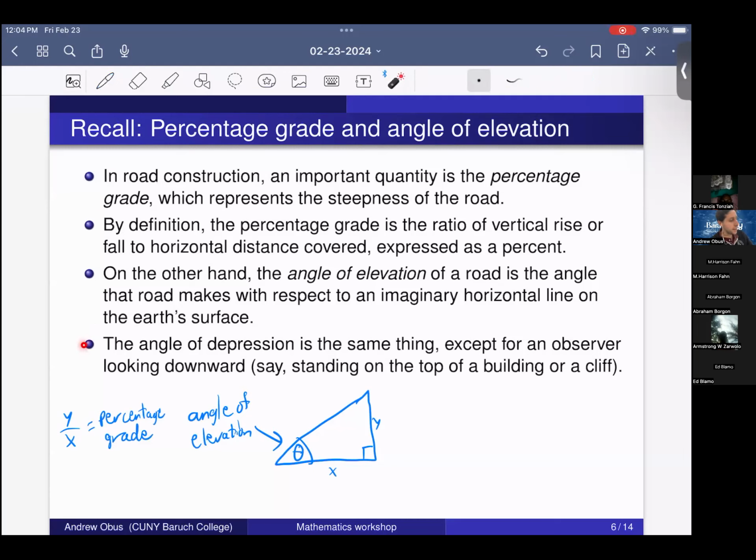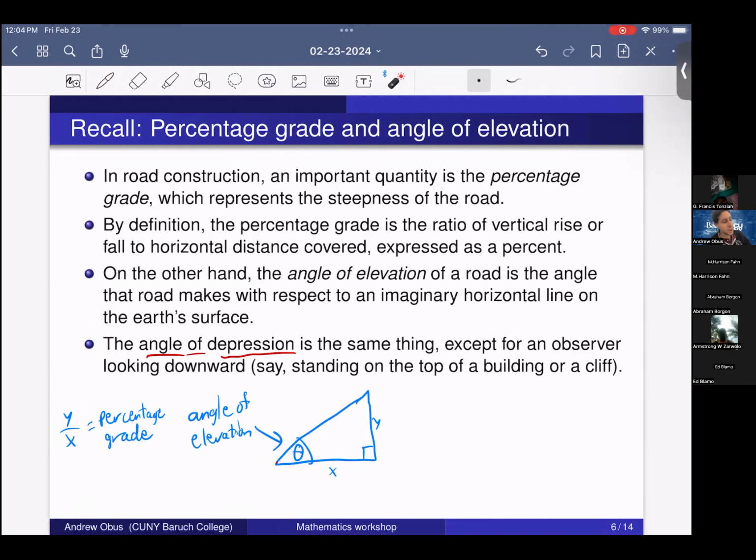What I do want to say that's new here is this angle of depression, which is the same thing as an angle of elevation, but it's from the perspective of somebody looking down at something instead of somebody looking up at something. The angle of elevation is when you're standing at the bottom of a road and you're looking up.